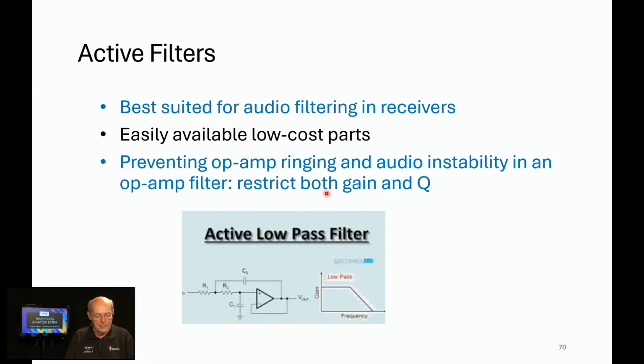So preventing op-amp ringing and audio instability in an op-amp filter, you can lower the gain, turn down the volume, and the Q. If it's not as sharp a filter, it'll be less susceptible to ringing. So with those words of explanation, hopefully this statement makes sense now. Preventing op-amp ringing and audio instability in an op-amp filter, restrict both gain and Q.